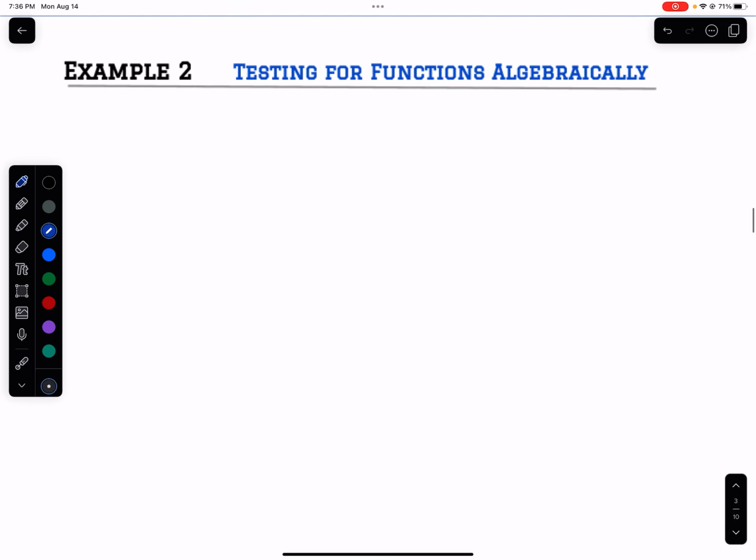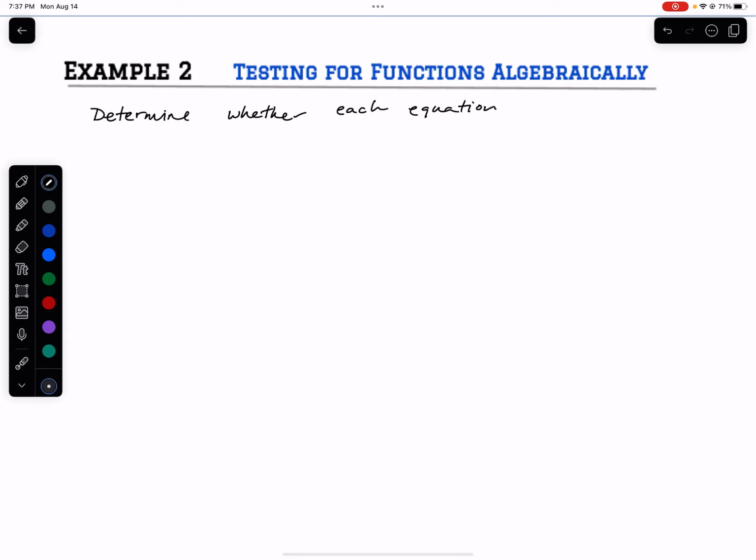Okay, so how to test for these algebraically. So determine whether each equation represents y as a function of x.